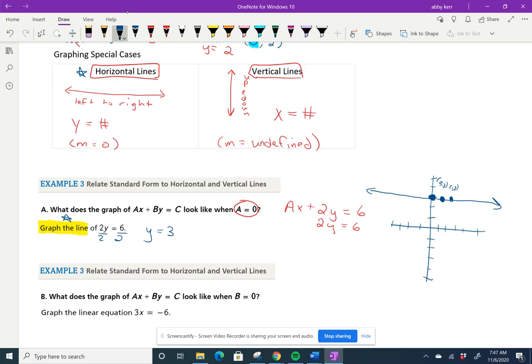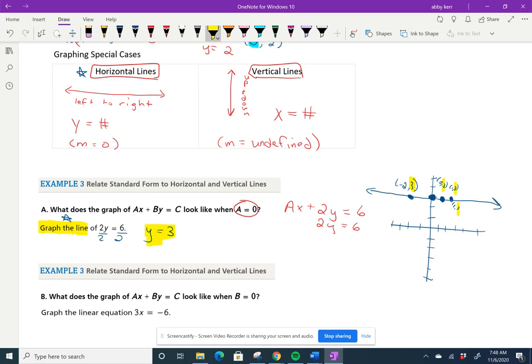The point next to that is 2, 3. If you keep plotting those points, that is what creates a horizontal line. You can even go into the negative integers. Negative 2, 3. Everything that this horizontal line has in common is the y value of 3.